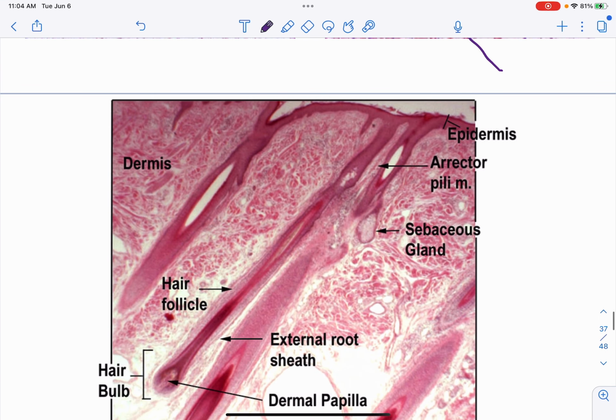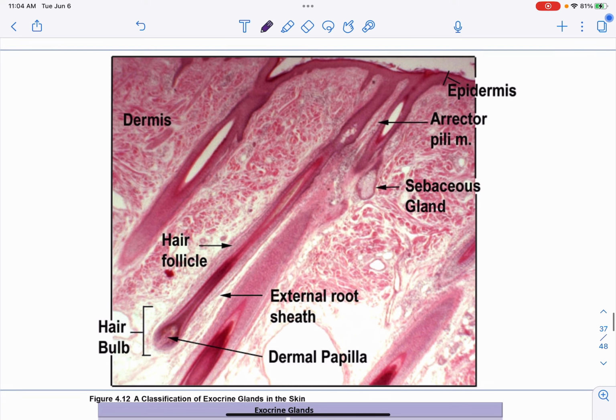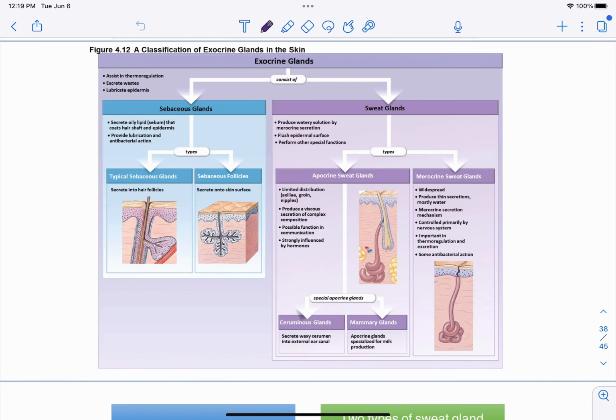All right, so the last topic I'm going to talk about are the glands that are associated with skin, so sweat glands, and we'll wrap up the lecture with that topic. I want to discuss with you a couple of the different types of glands that you will find in skin.